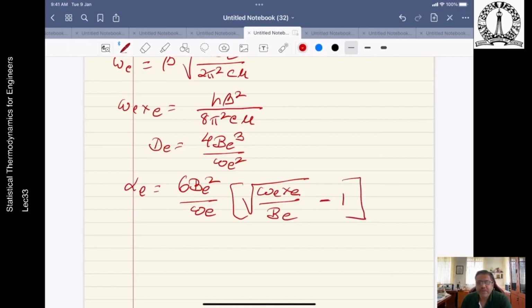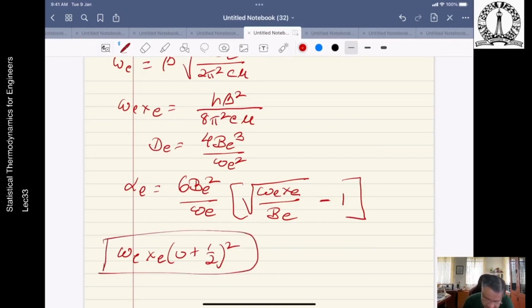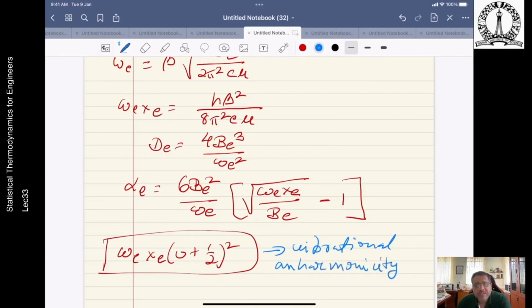If you look at the correction terms, the second correction term, which is this one, represents vibrational anharmonicity. So XE is therefore called the anharmonicity constant.